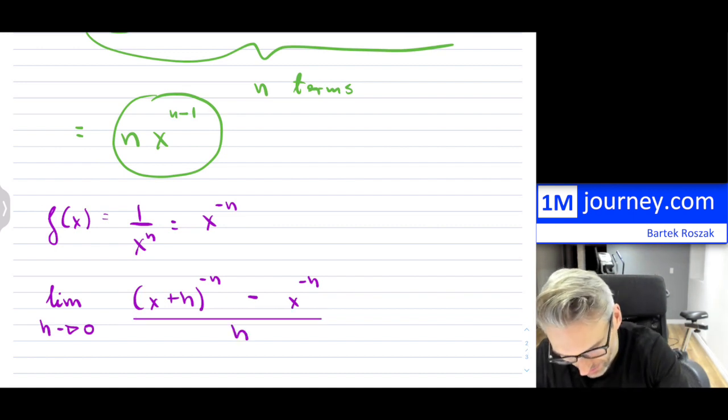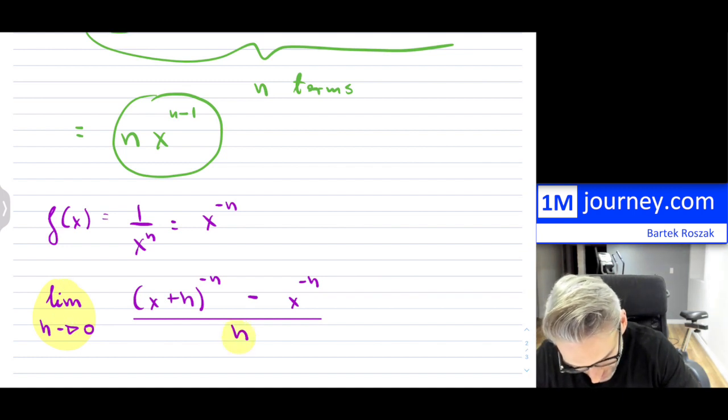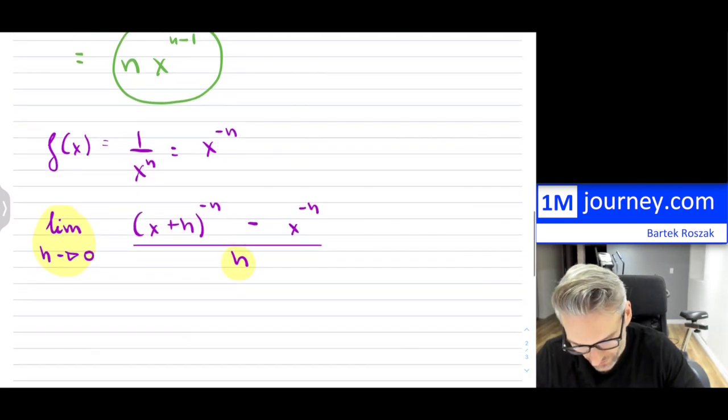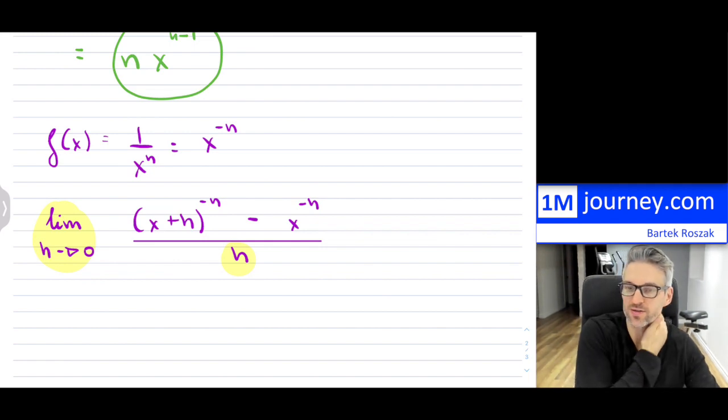For the moment, let me just drop this and this as well. I'm just going to be working with the numerator to simplify things.